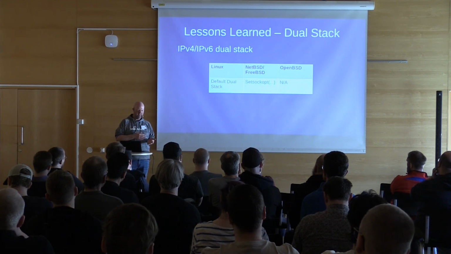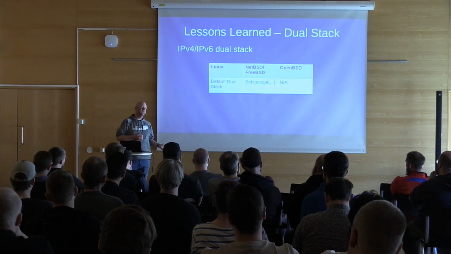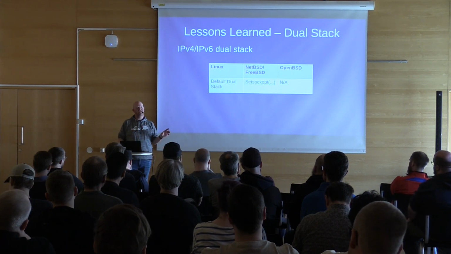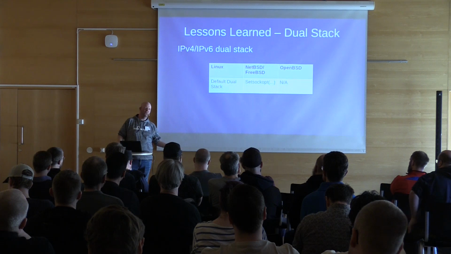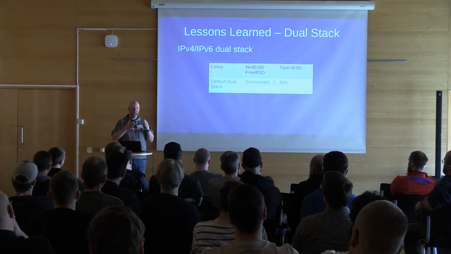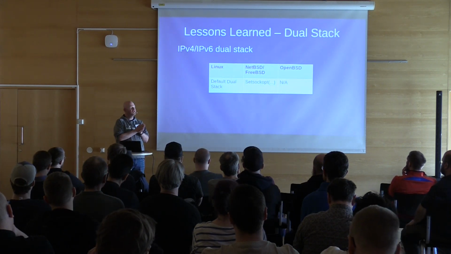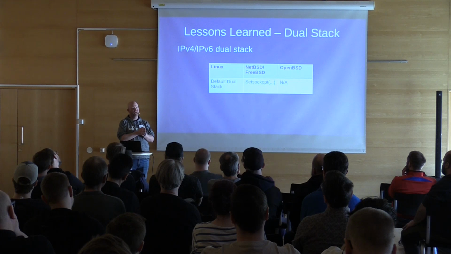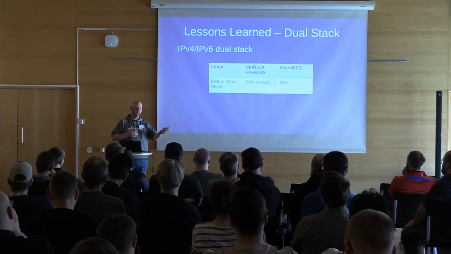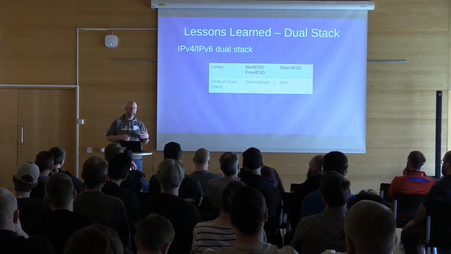But in FreeBSD and NetBSD, you have to check if the kernel has a flag set to also include IPv4 traffic on the IPv6 socket. So if you open an IPv6 socket on BSDs, you have to also make sure that the kernel is configured to forward IPv4 traffic. And you can turn it off, like if you're only interested in IPv6. So it's like a setting.